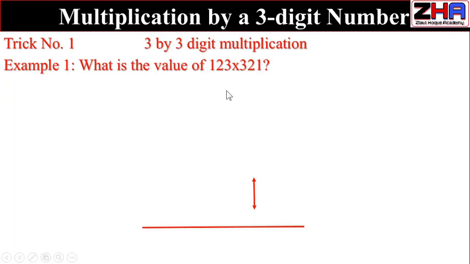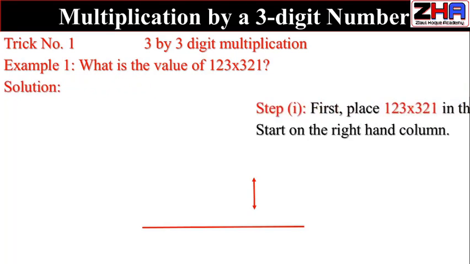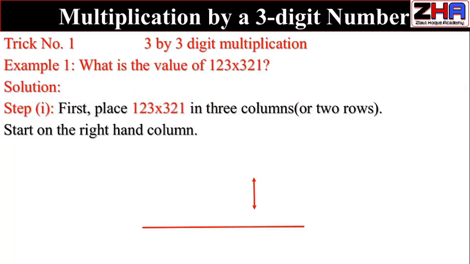We will calculate what will be the value of 123 multiplied by 321. Let us calculate.